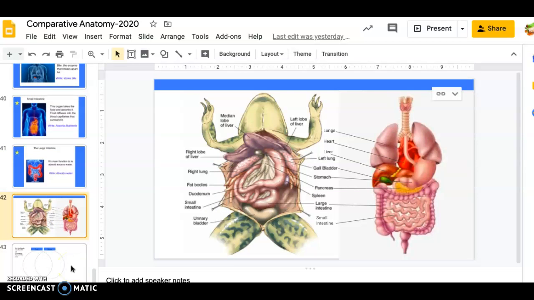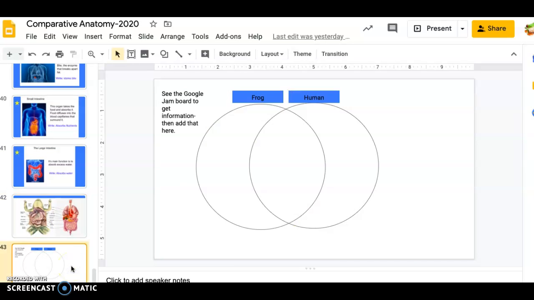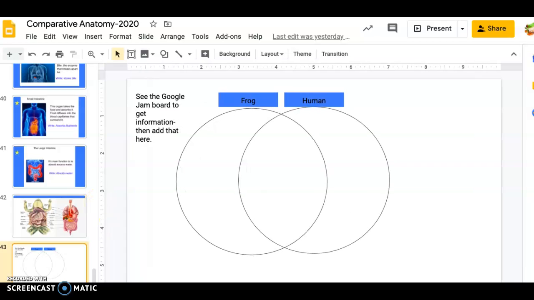We would love to do the dissection, but we're not going to do that. Then I'm going to have you go ahead and do a Venn diagram like we did before. I do have a frog dissection video that I could maybe link on YouTube so you can see how we did it, but I'll do that a little bit later. It's kind of a bummer that you don't get to do these things, but a lot of sacrifices are being made for COVID.